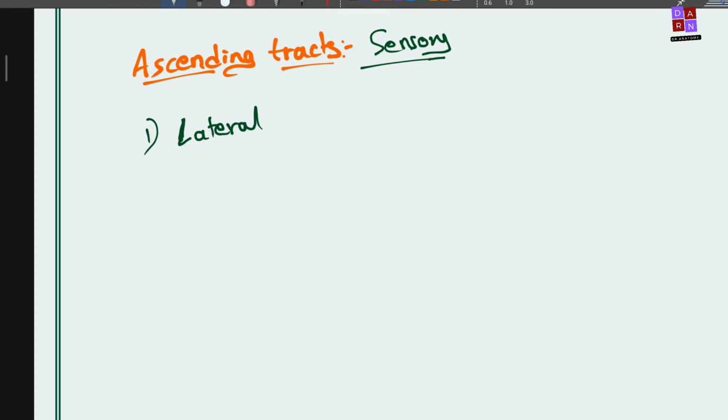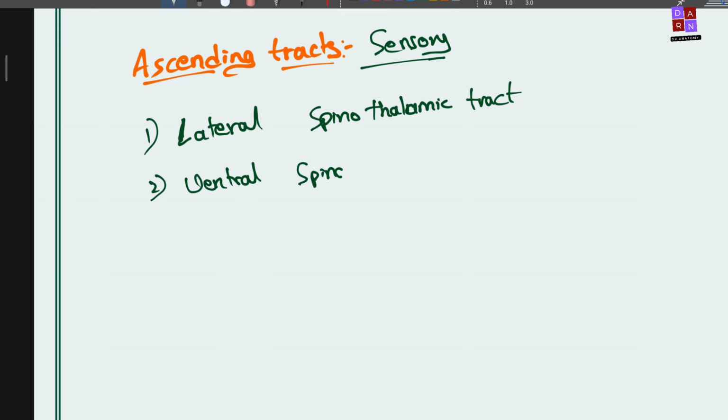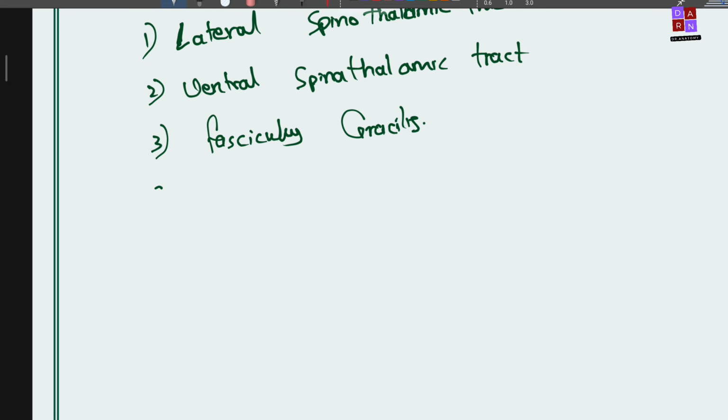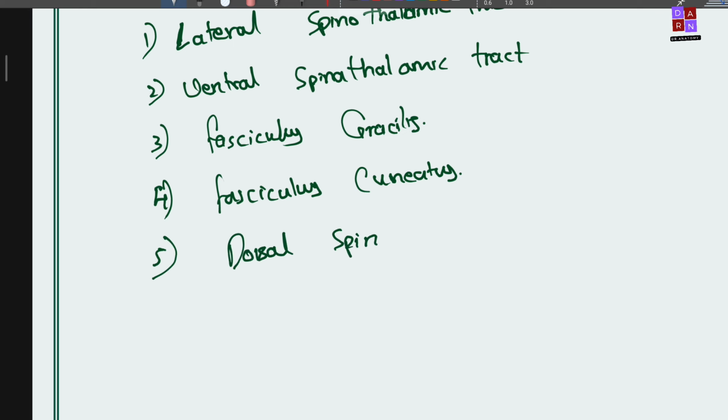Lateral spinothalamic tract, ventral spinothalamic tract, fasciculus gracilis, fasciculus cuneatus, dorsal spinocerebellar tract, ventral spinocerebellar tract.